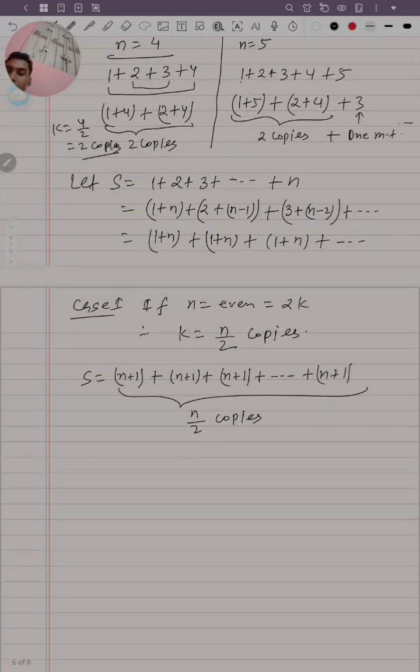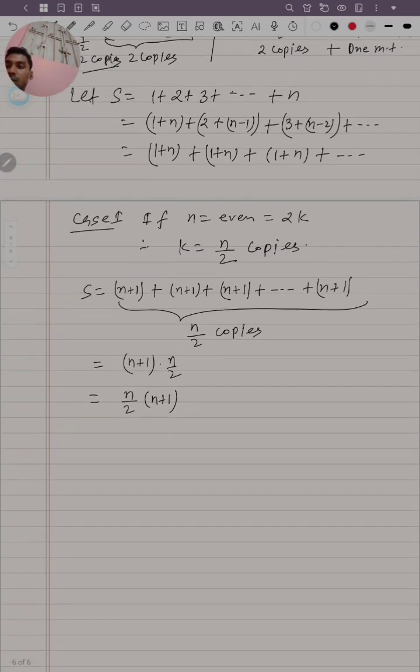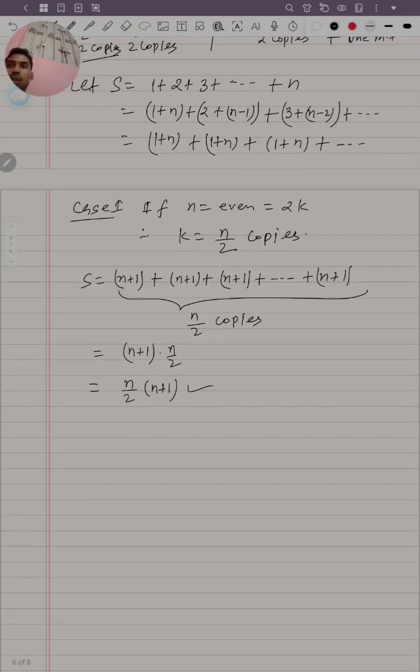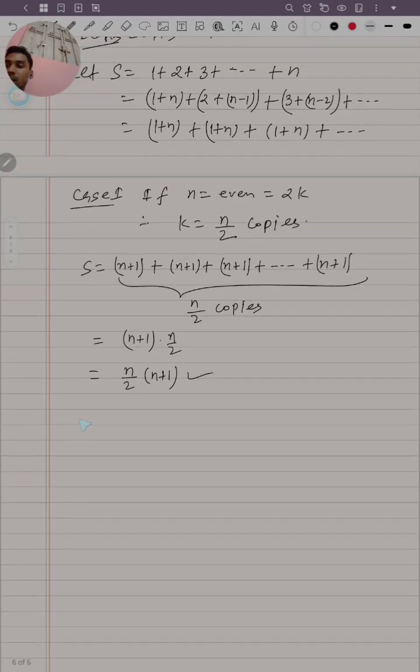So if we add the same number repeatedly, which is multiplication, therefore n plus 1 is repeated n by 2 times, therefore n plus 1 into n by 2, that is n by 2 into n plus 1. So my sum is n by 2 into n plus 1 if n is even.